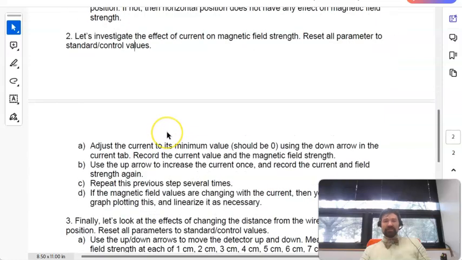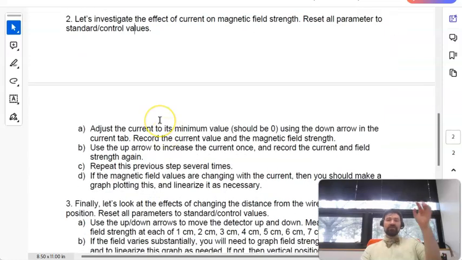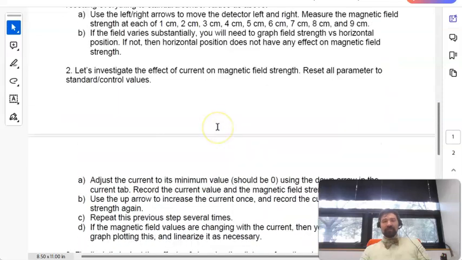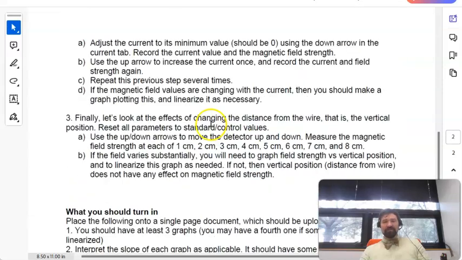Then investigate the effect of current, so you're changing just the current. Then return that to between 4 and 5, and then you adjust the vertical position, so move it up and down. For each one of these three things, you're making a plot.